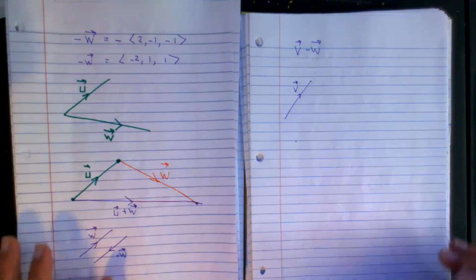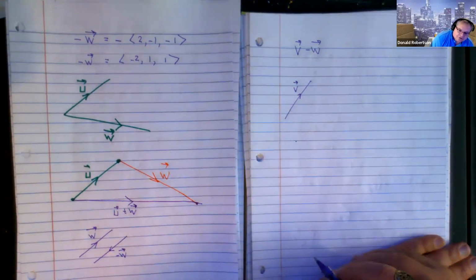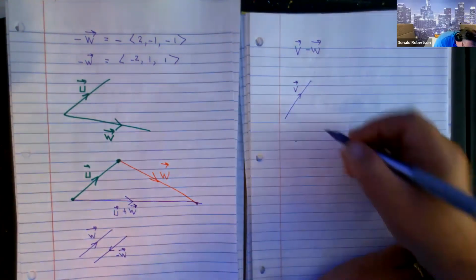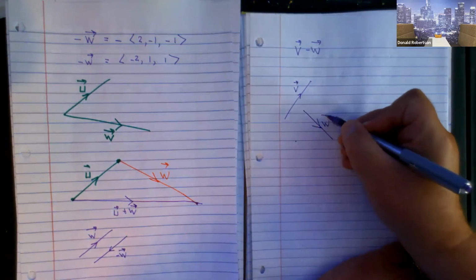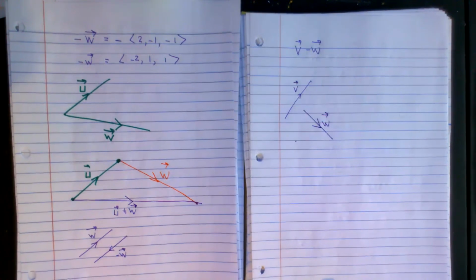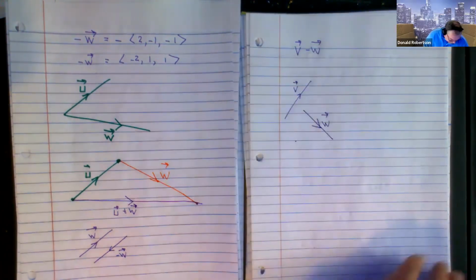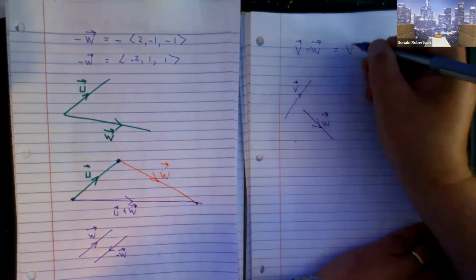Yes. Okay, so we're going to subtract these two vectors. That's the vector V, and I'm going to pretend this is what the vector W looks like. To do this calculation, we do something slightly cheap.